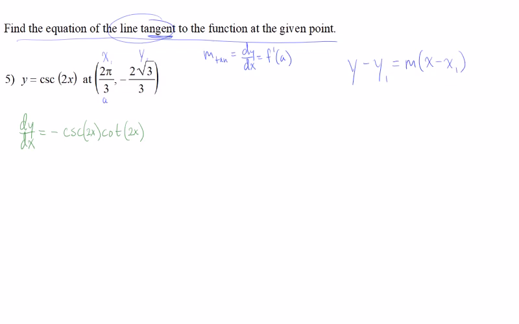There's a little minor chain rule here: I take the derivative of the inner 2x and tag it on the end, so it's times 2. Let me clean this up and bring the 2 to the front with the negative, so it's negative 2 cosecant of 2x times cotangent of 2x. That's the derivative.